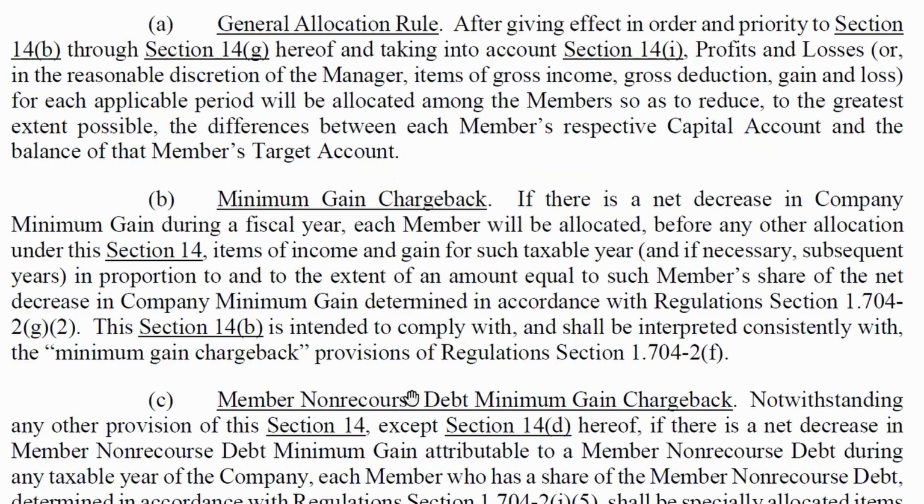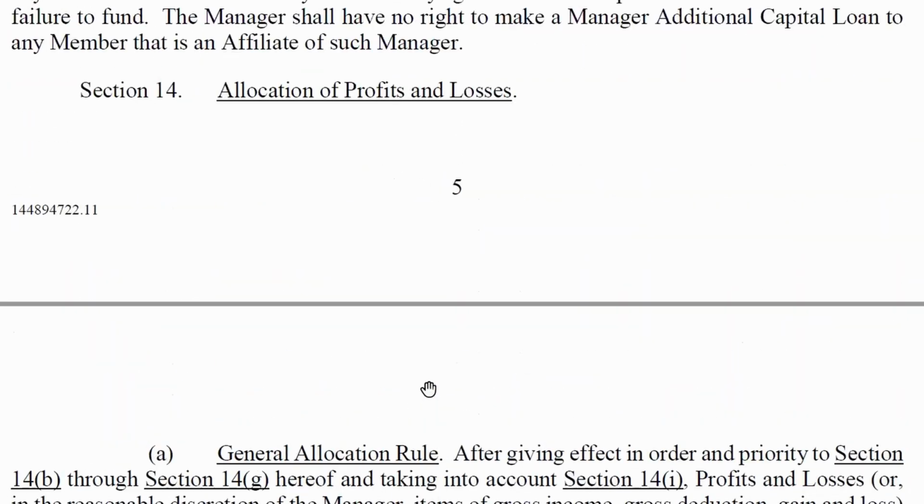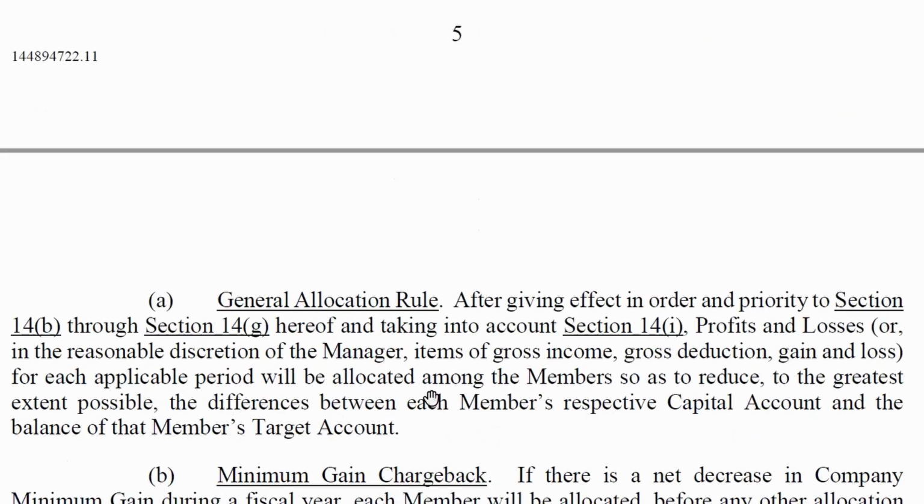Yep. So B through G. Thank you, Hoffman. All right. What's I? Loss limitation.